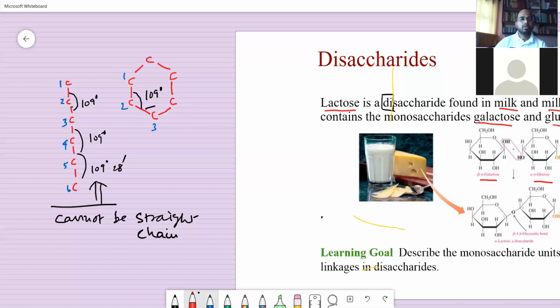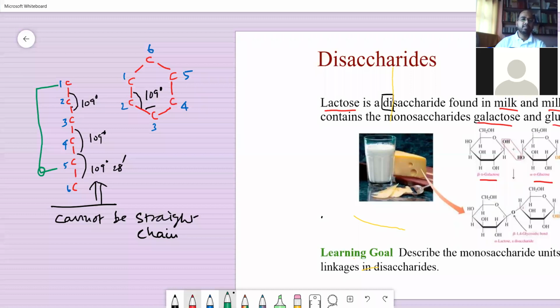So this is what you've been calling the Haworth structure. This is a cyclic structure, but the linkage is a 1,5 linkage by means of an oxygen. So we have to link 1 and 5 by means of an oxygen.